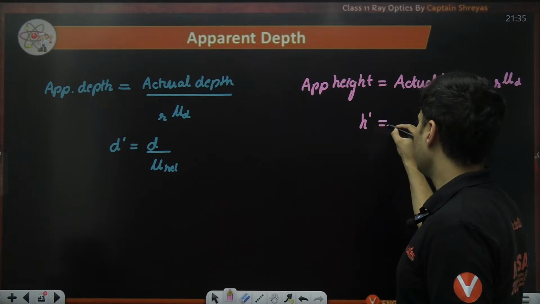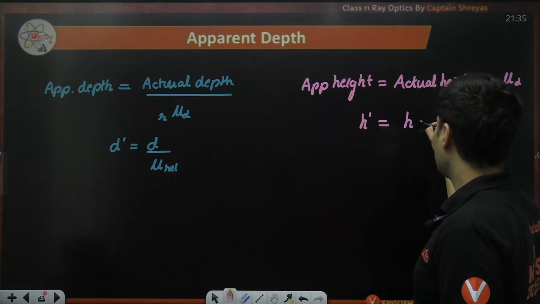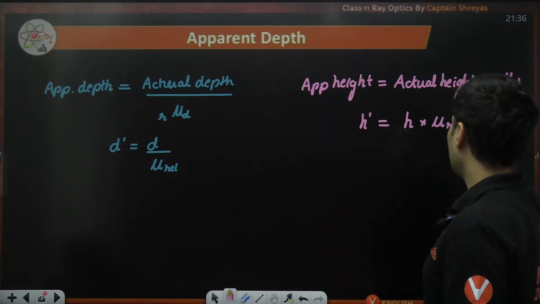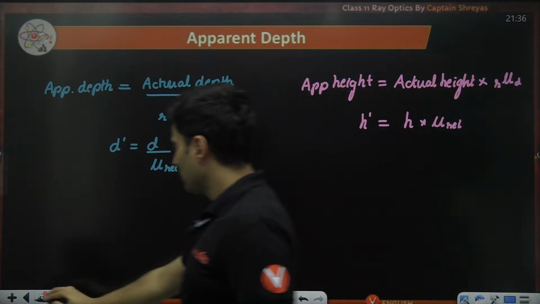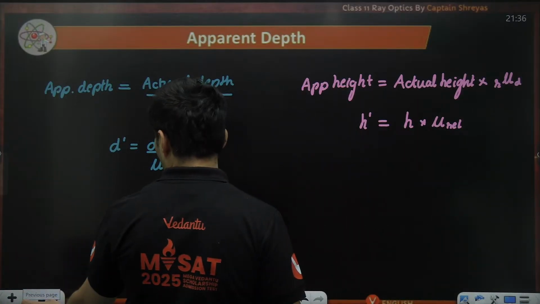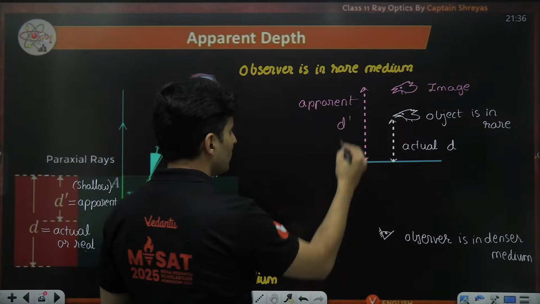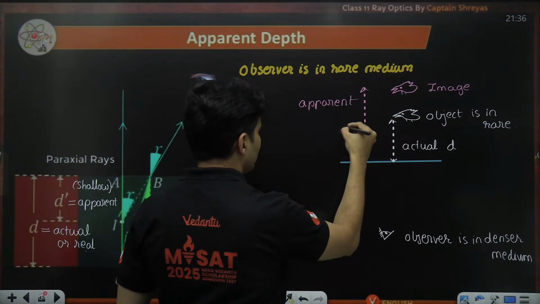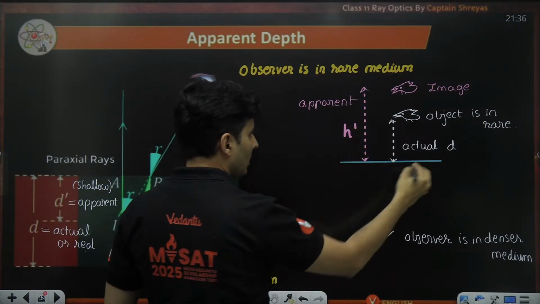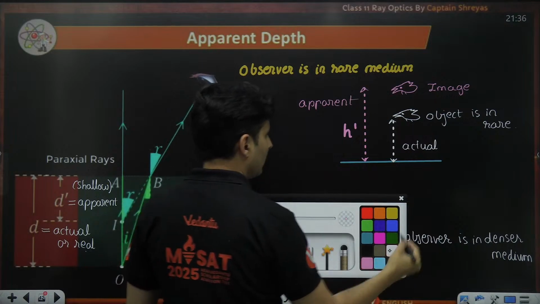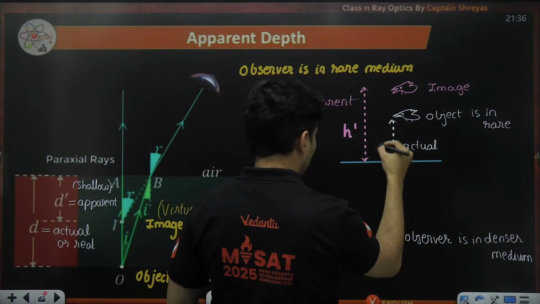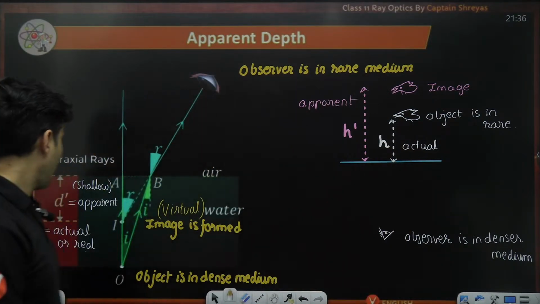So H prime will be H multiplied by that relative refractive index. Better to use the same symbol here also and not confuse you. So this is H prime and this is H, the actual height.